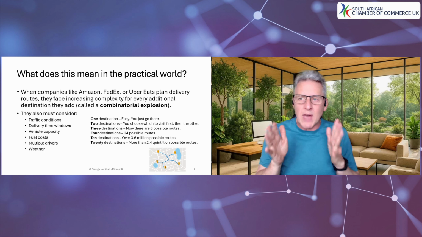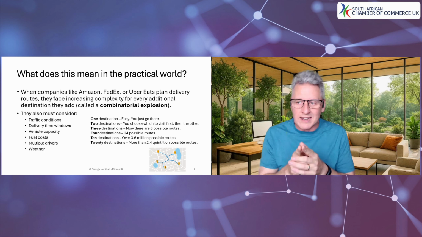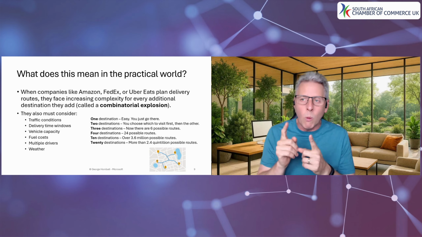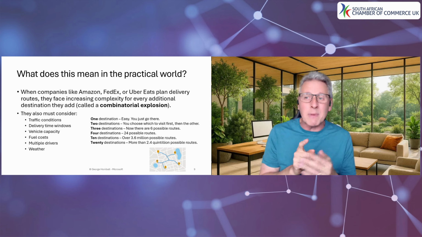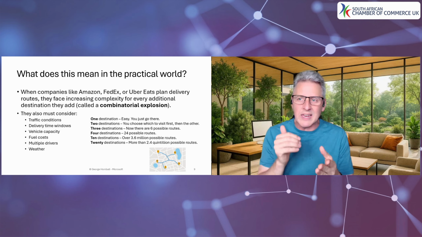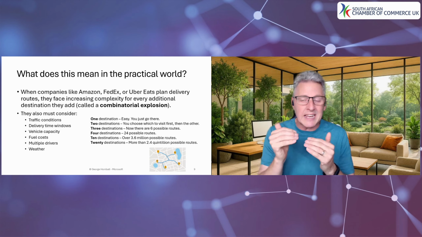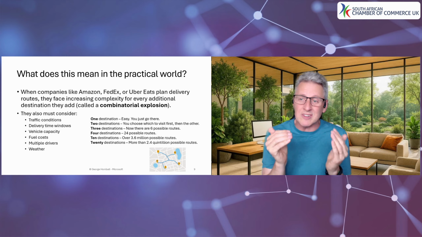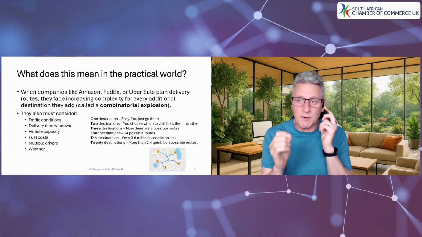Done. If you have two destinations, suddenly you need to think, hold on a second, which one is closer? Oh, there's a one-way road, so maybe I should rather go the other way before I get to that second destination. So immediately it starts adding an element of complexity. If you have three destinations, suddenly there's 6 different possible routes.